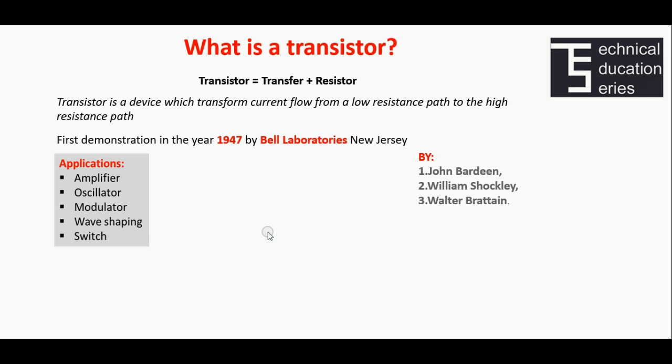Different types of transistors are in use, such as bipolar junction transistors, BJT, field effect transistors, FET, unijunction transistors, UJT, and so on. But our discussion is limited to bipolar junction transistors.